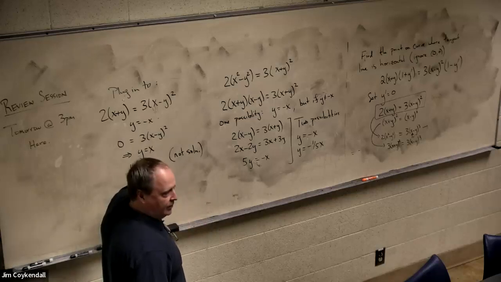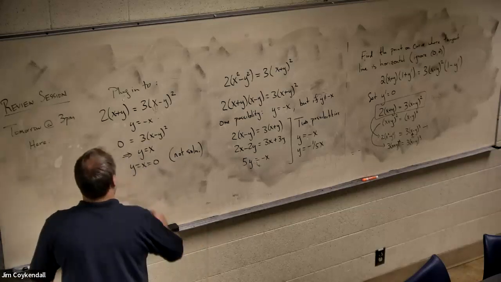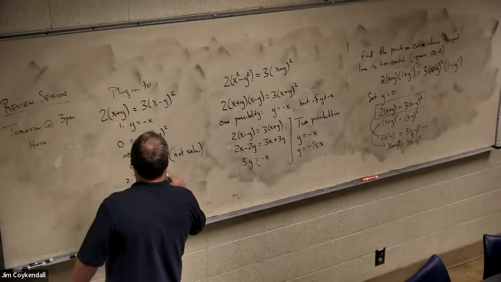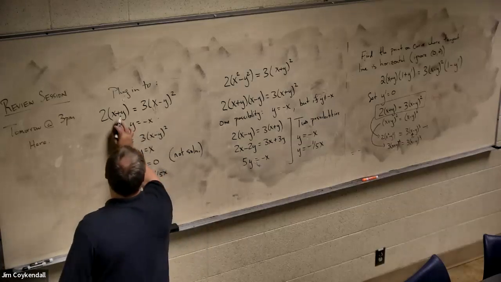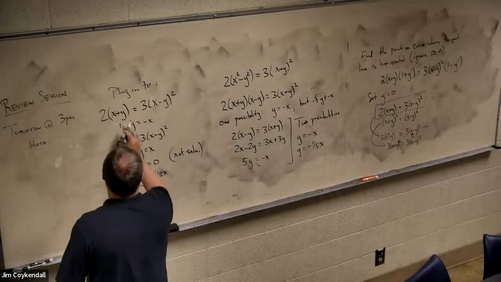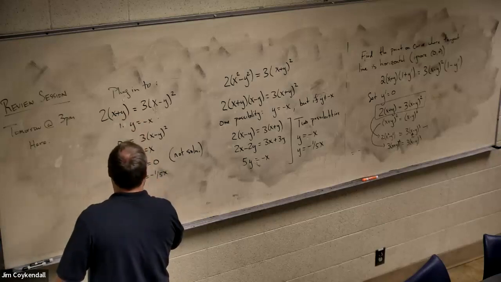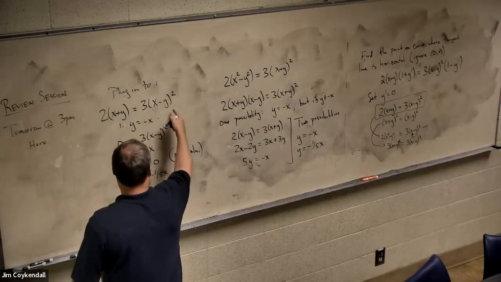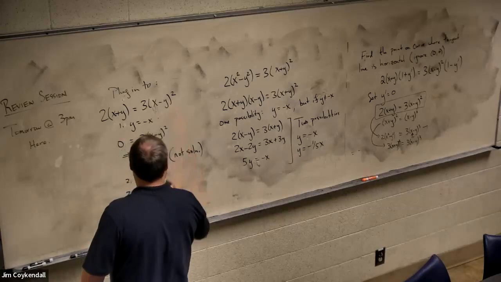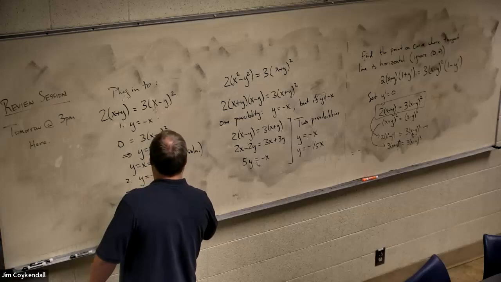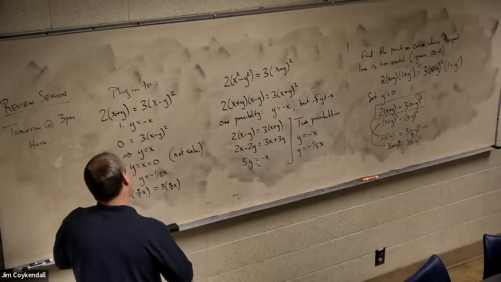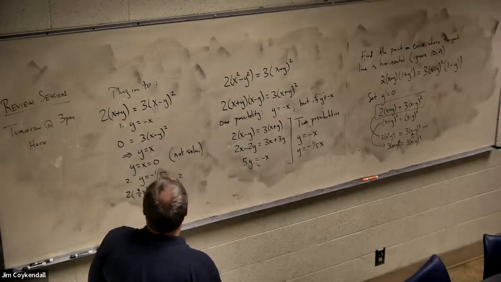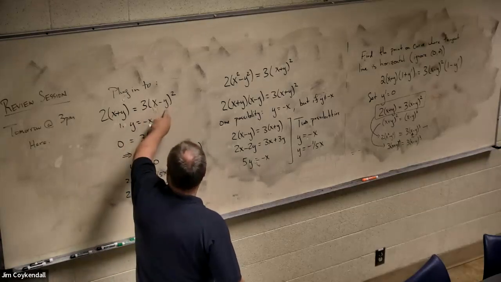And I said that we could pull out y equals minus 1/5 x. This gives me 2 times x minus 1/5 x, which is 4/5 x, is equal to 3 times x plus 1/5 x, which is 6/5 x, squared. What's x minus y?